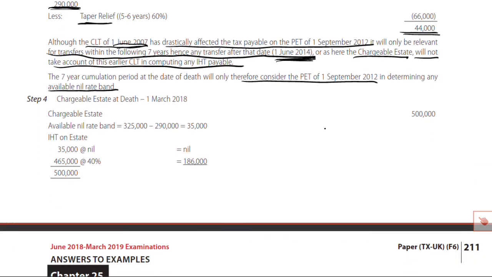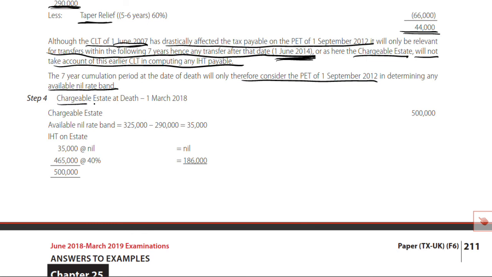So what have we got? Chargeable estate at death, dated 1st of March 18, we've got a chargeable estate of 500,000. Remember, if there's no reference to a main residence, there is no main residence, therefore there is no residence nil rate band. So what do we have as an available nil rate band? Well, now looking back over the 7 years before death, we had a PET becoming chargeable of 290.